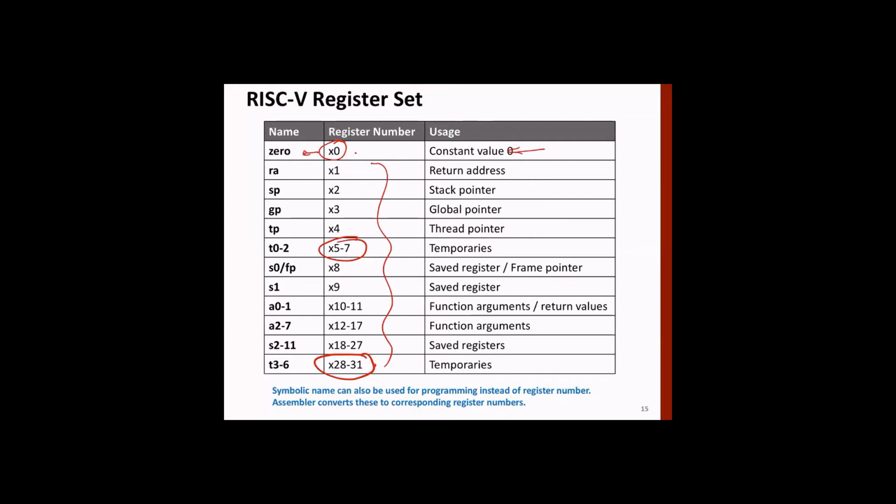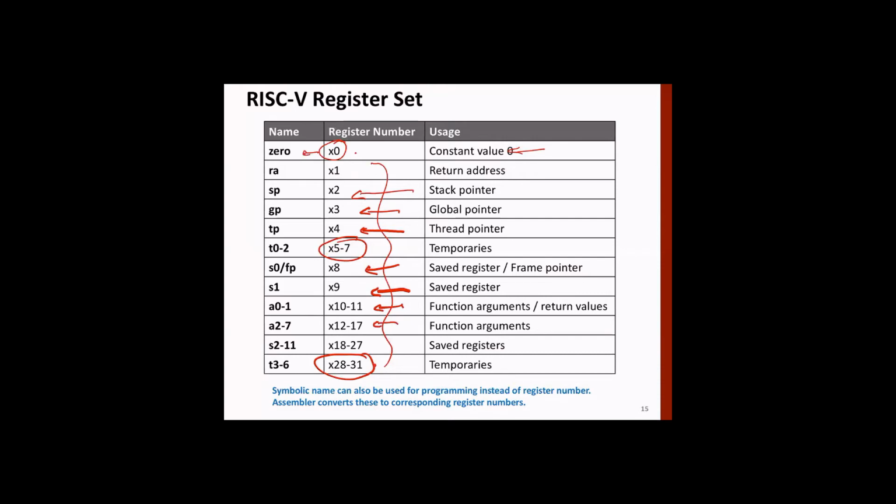Now the stack pointer will be in X2, the global pointer will be in X3, and the thread pointer will be X4. Saved registers: when you jump into a procedure, all the variables need to be saved, so you save them in register X8. Similarly, X9 is also a saved register. Function arguments can be passed through these registers.